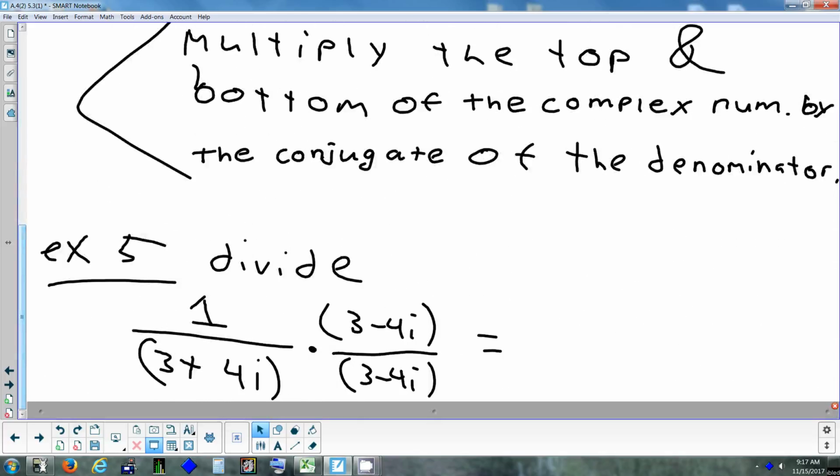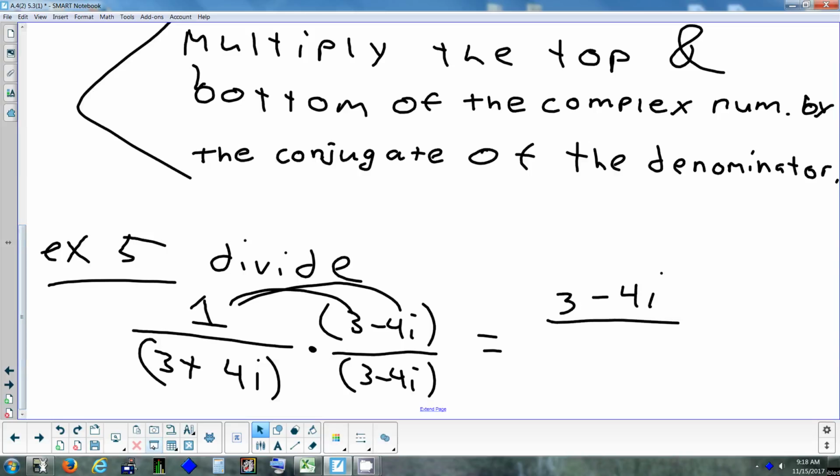Now in the top, normally it would be a FOIL, and in the next problem it will be. In this one, it's not. It's just a single distributive property. And in fact, you're only distributing a 1, so is anything going to change? No. So the top is 3 minus 4i.